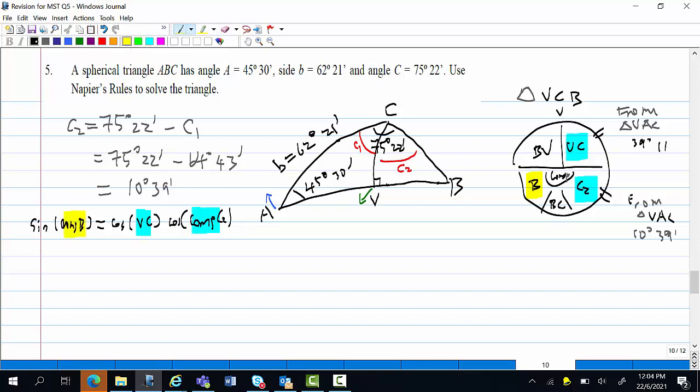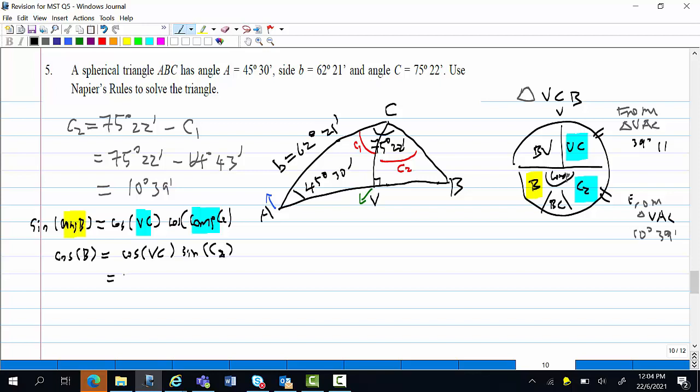But we know that sine of co-B is the same as cosine of B. Then cosine of co-C2 is the same as sine C2.